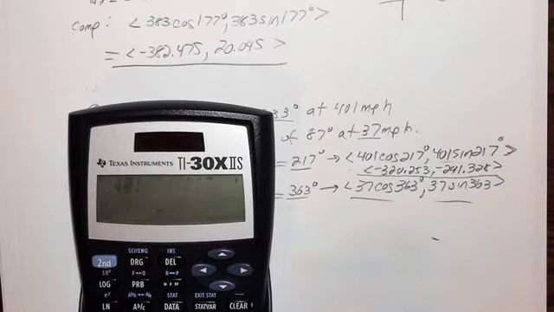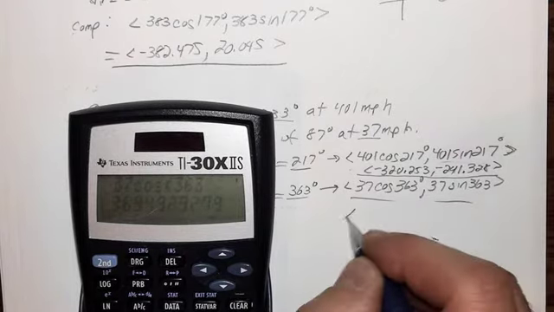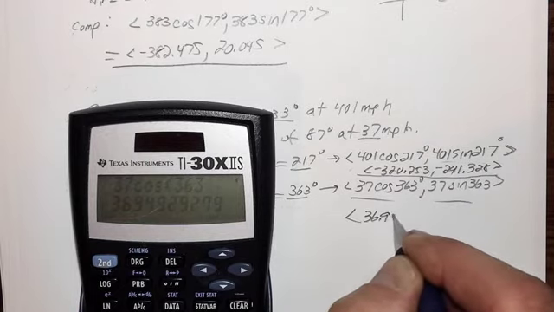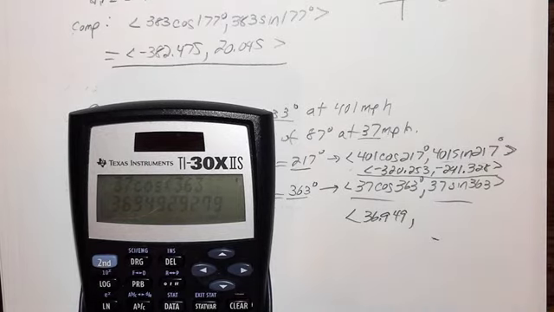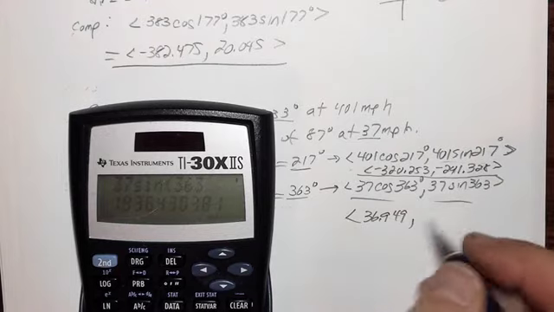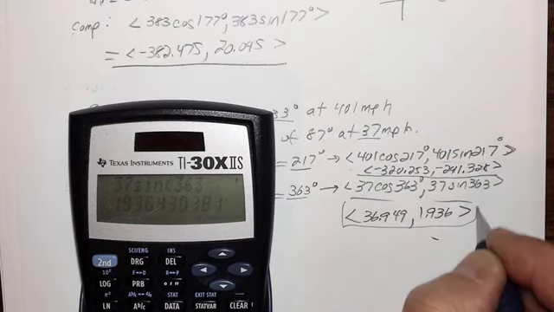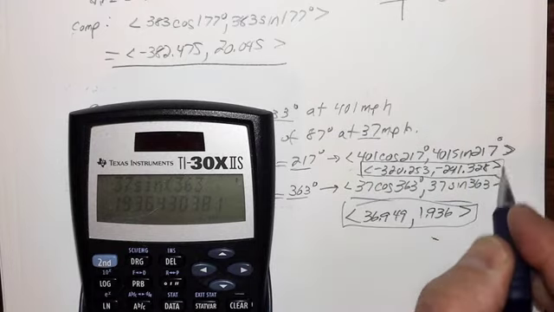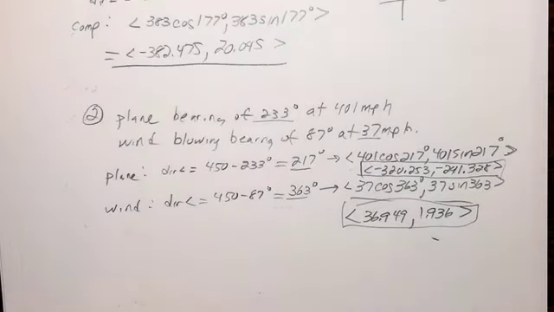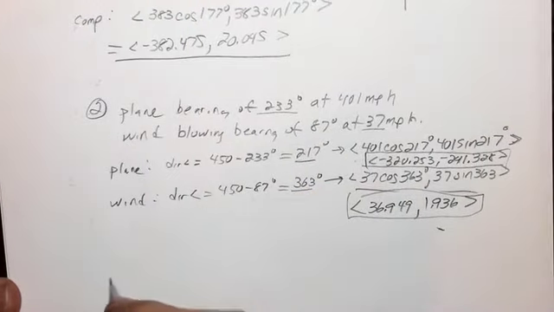For the wind, 37 times the cosine of 363 is 36.949, and 37 times the sine of 363 is 1.936. And there's the wind, and there's the airplane. Next time we'll look at what we do with those to find out where the plane actually goes.